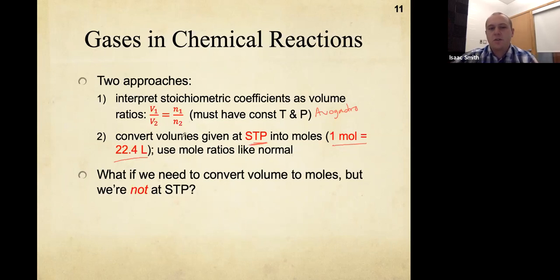Approaches 1 and 2 are really shortcut methods and almost the go-to if you can. This last one takes a little longer, you need more numbers and a few more calculations, but it covers a much larger variety of problems. It's important to know all 3 and how to deal with gases in a chemical reaction.